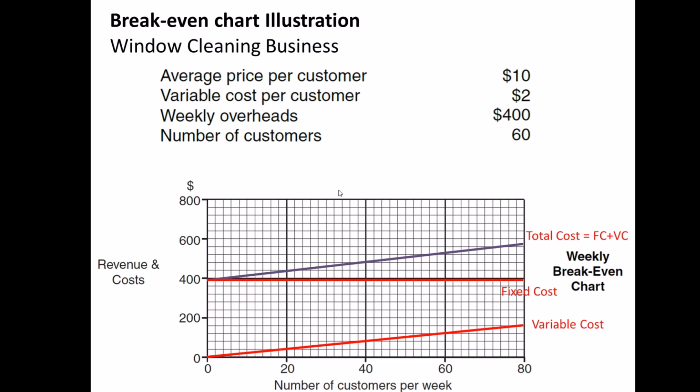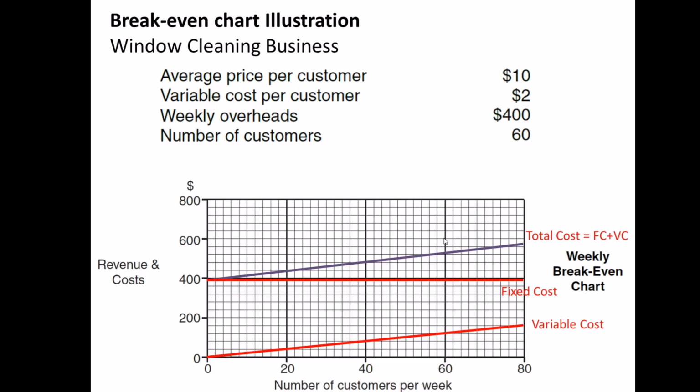You see here, this week we are selling to 60 customers at $10 per customer. So same concept. At 60 customers, we have a total of 600 revenue. So if we go to 60 here, it will move up to 600.